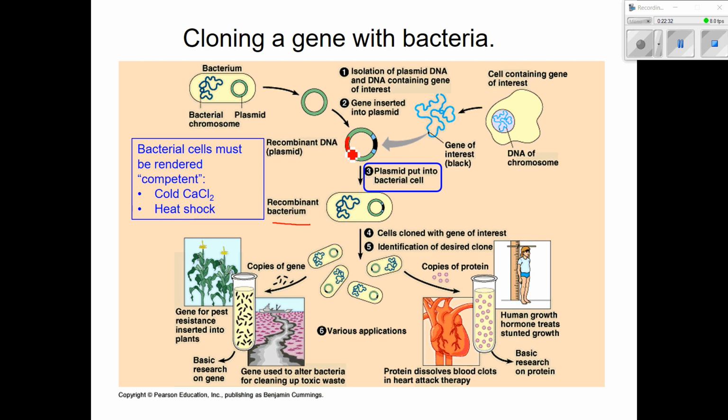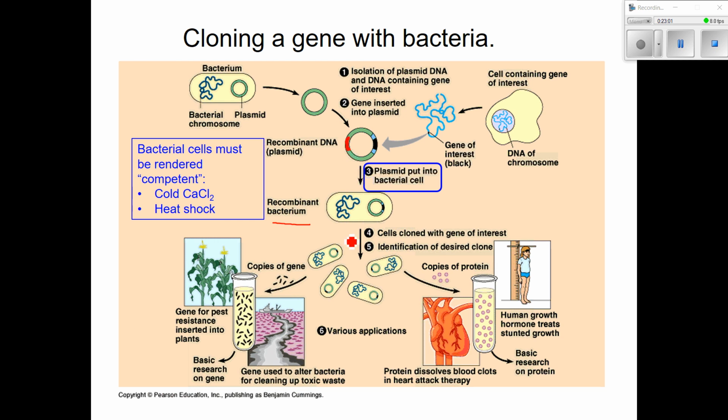And then what you do is you take the bacteria and you introduce them onto an agar plate, a petri dish, that has the antibiotic. So you would put these bacteria on a petri dish with ampicillin. Okay? Ampicillin will kill bacteria. They cannot survive in the presence of that antibiotic.